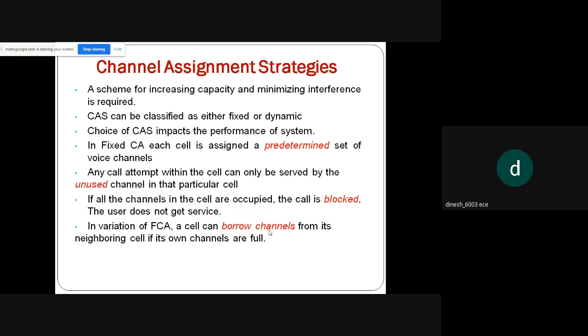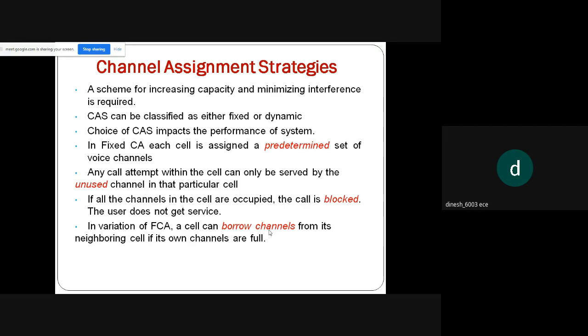Next is channel assignment strategies. How do I assign information, or what are the protocols required for assigning information to each and every channel? A scheme for increasing capacity, that is increasing the data rate, and minimizing interference, which is decreasing the losses, is required.